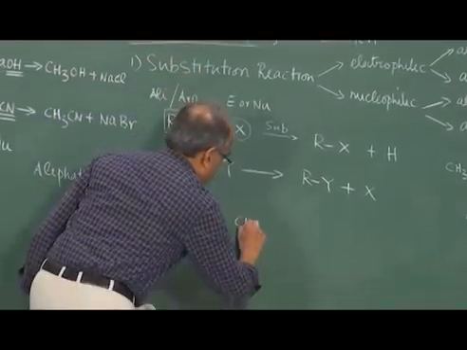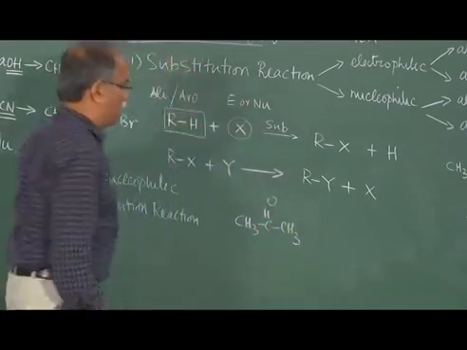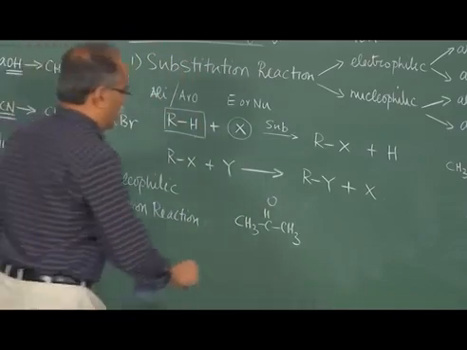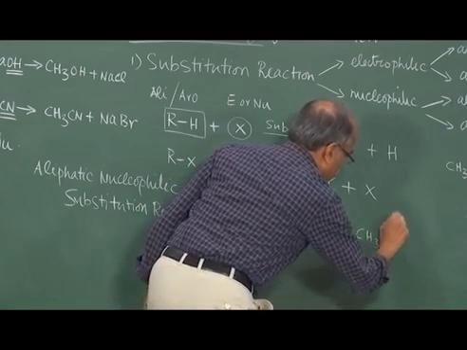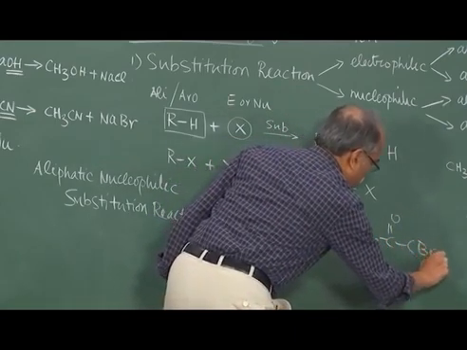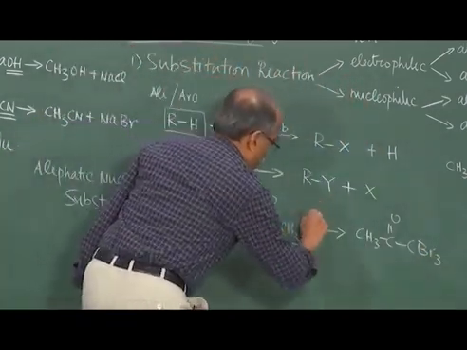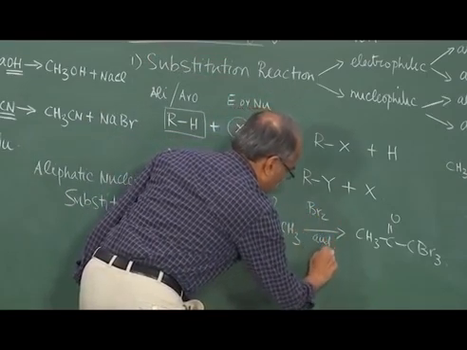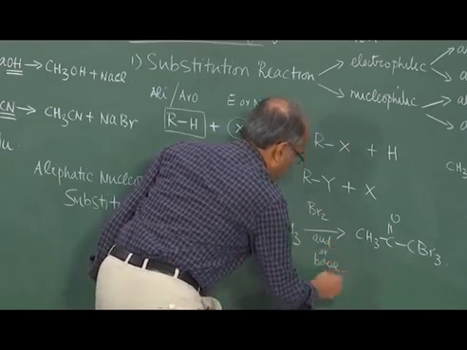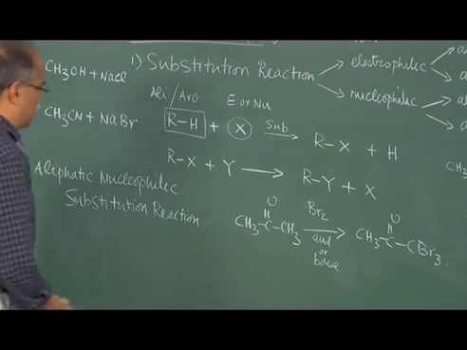If you take a methyl ketone, let us say for example acetone, you can go all the way to tribromoacetone or triiodoacetone, if it is reacted with bromine in this particular case, with either acid or base as a catalyst. Base is not a catalyst, but acid is. So, this is an example of an aliphatic electrophilic substitution reaction.